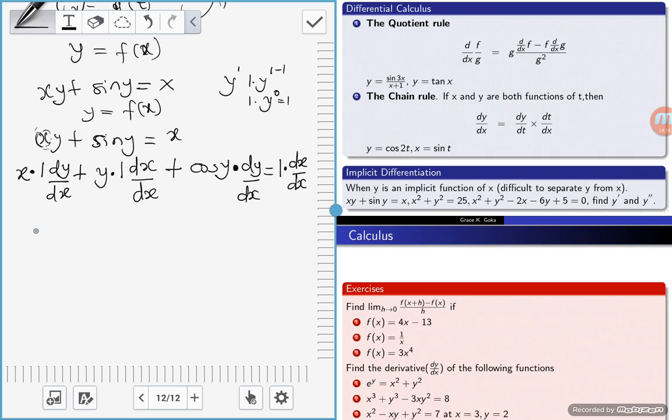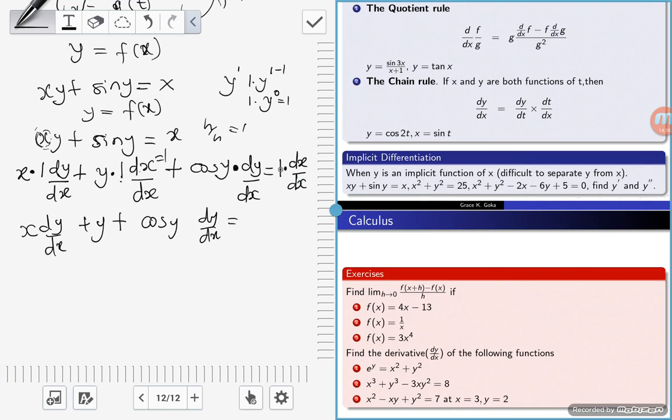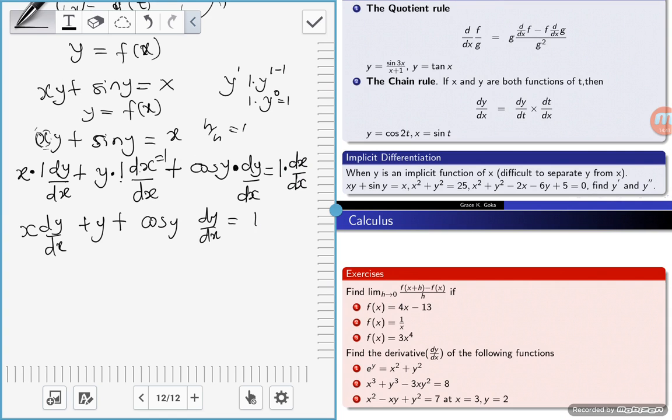Okay, so simplifying, we have x dy dx. dx is equal to 1. Just like h over h is equal to 1, dx over dx is equal to 1. So you have 1 times y, which is y, plus cos of y dy dx, and this is equal to dx is 1. 1 times 1 is 1.